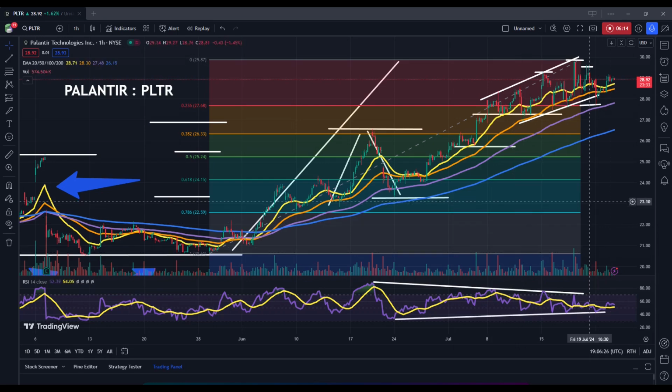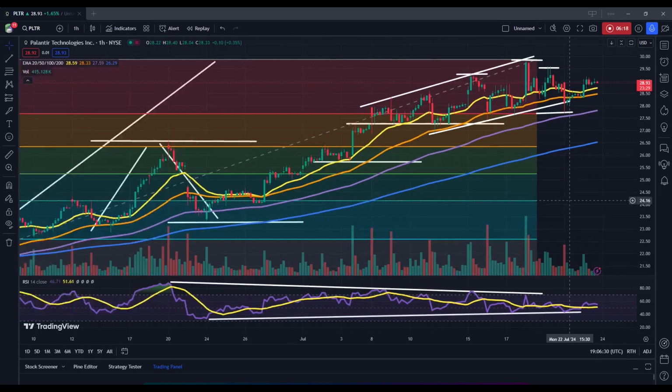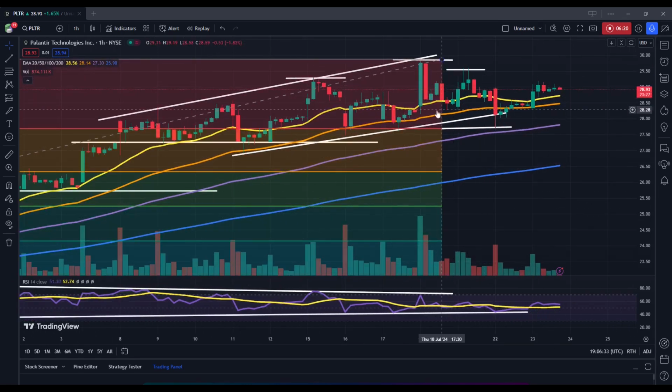So there are a few issues here that need to be addressed. Currently, we are starting to also break through this parallel uptrend channel. You can argue that we did see some support here because we didn't really see an hourly close below this channel.